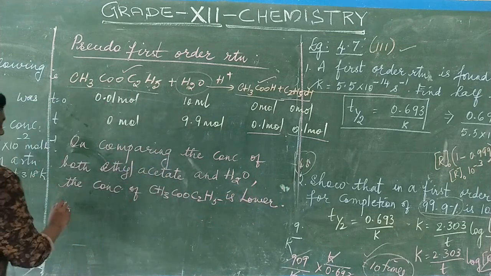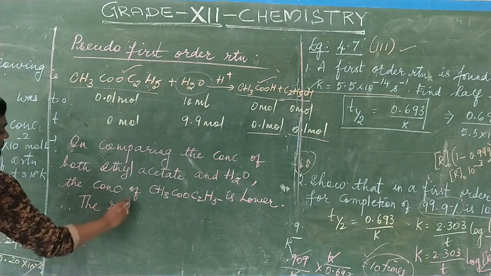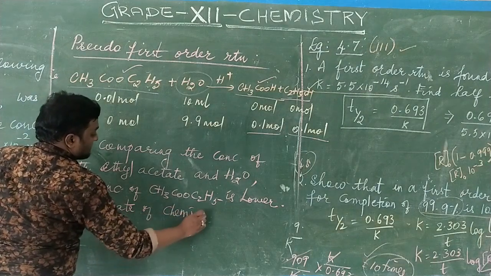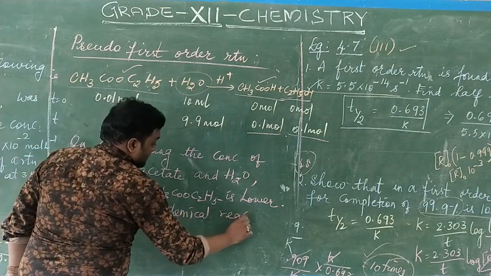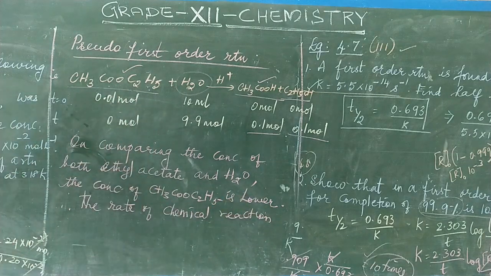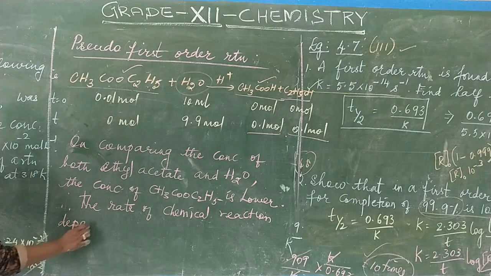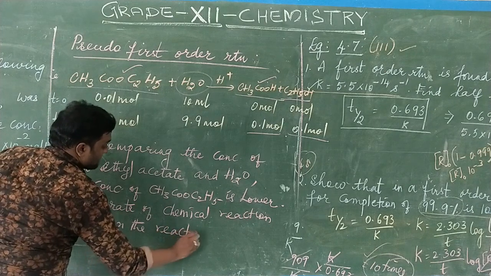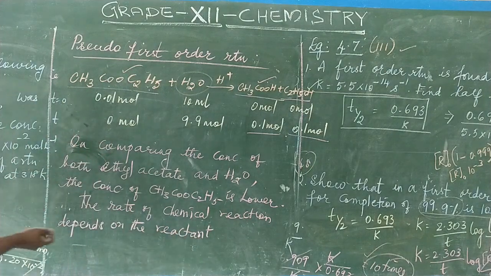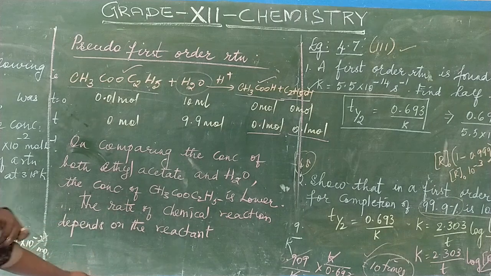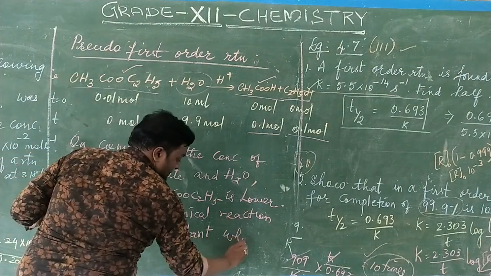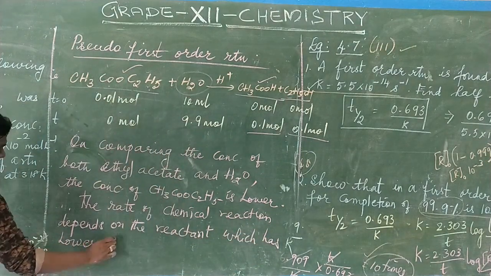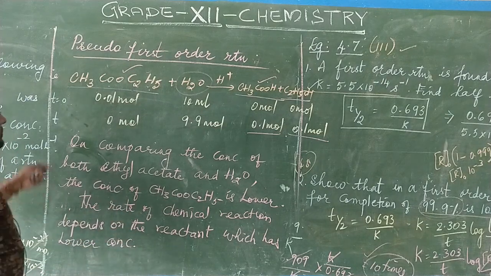Therefore the rate of the chemical reaction depends on the reactant which has lower concentration.